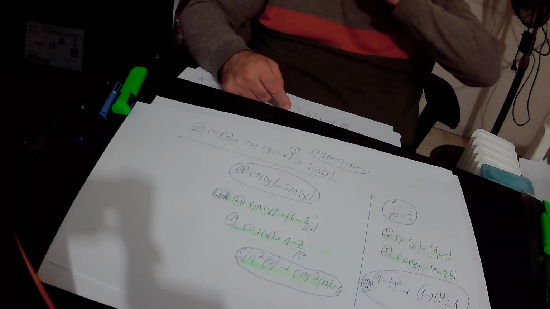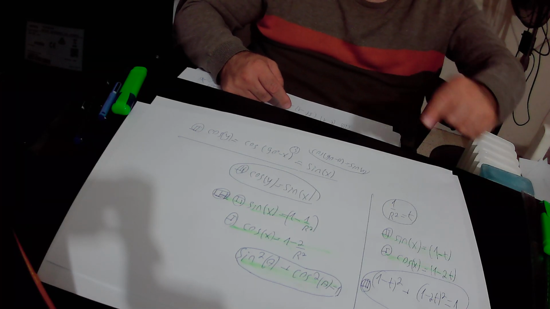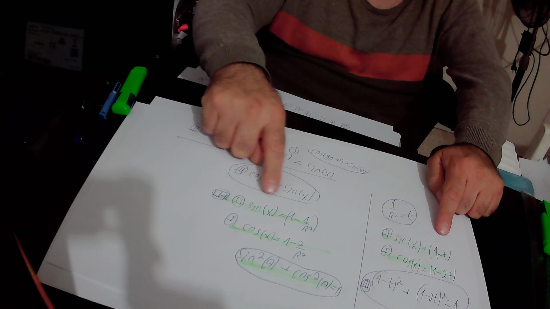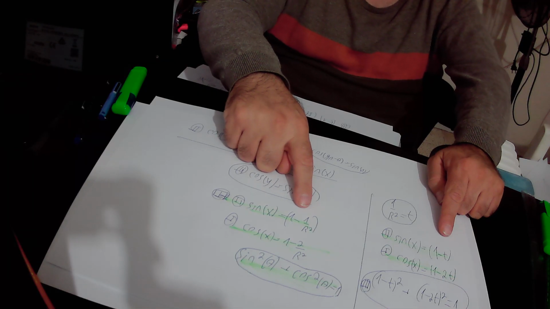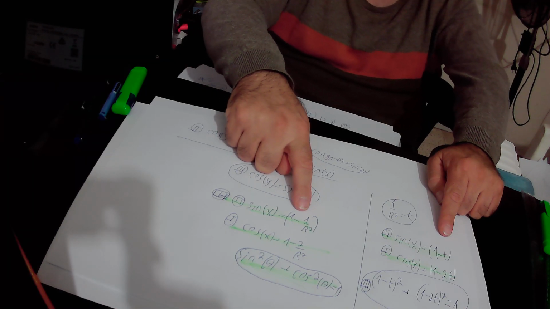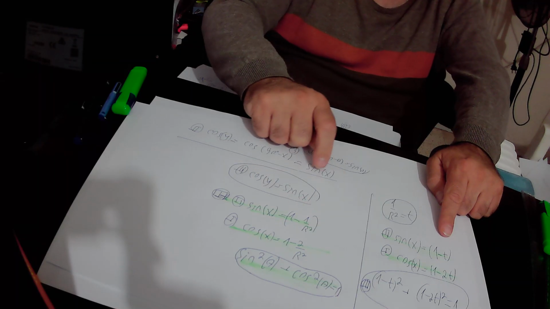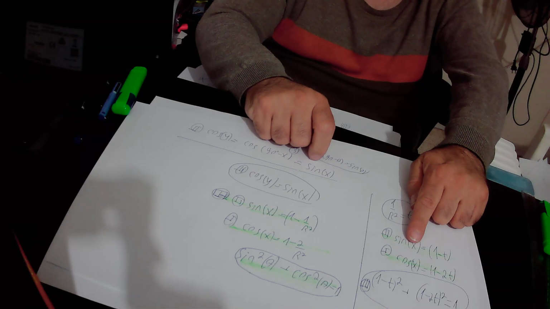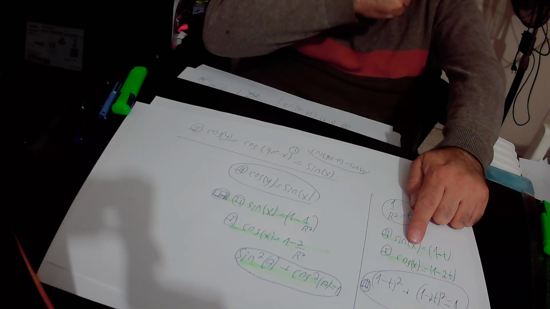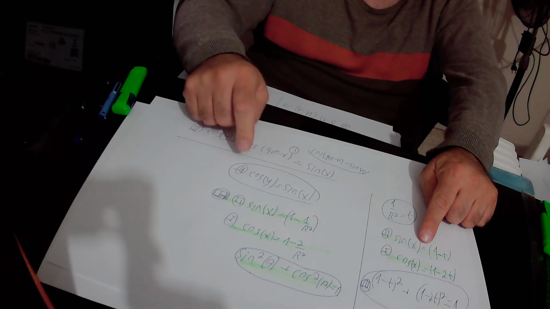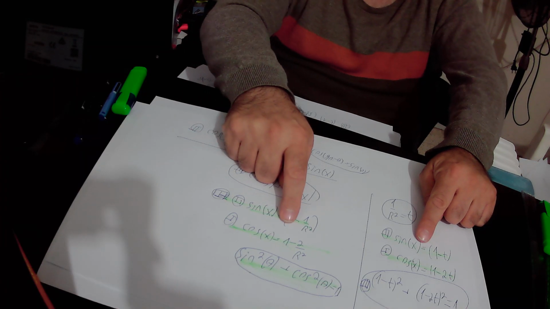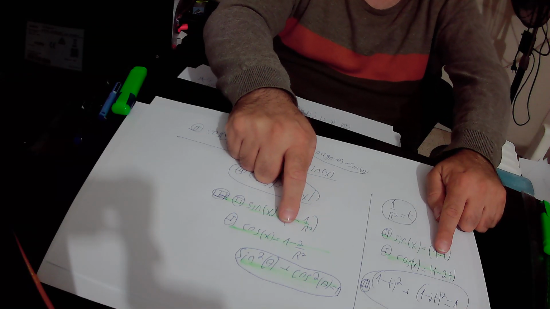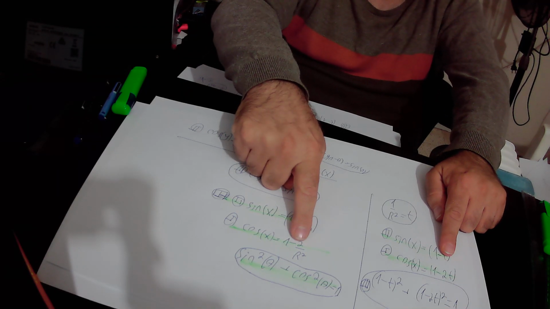So we substituted 1 over r squared by t and found out that in equation number 2 we have sine x equals 1 minus t. And according to equation number 1, we also substituted 1 over r squared by t, and we got that cosine x equals 1 minus 2 over r squared, so cosine x equals 1 minus 2t.